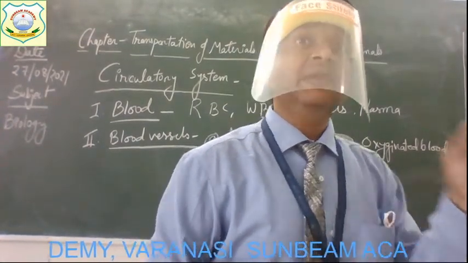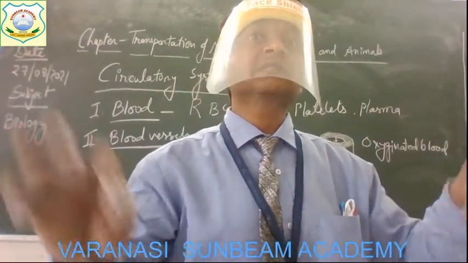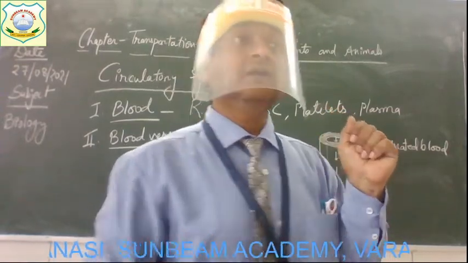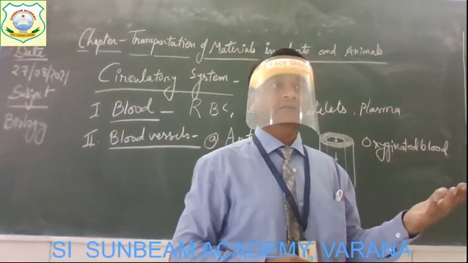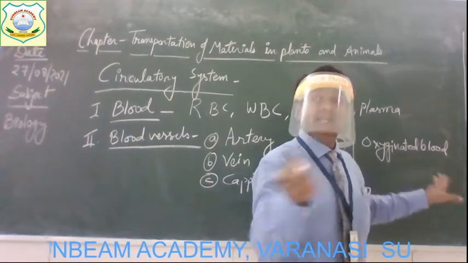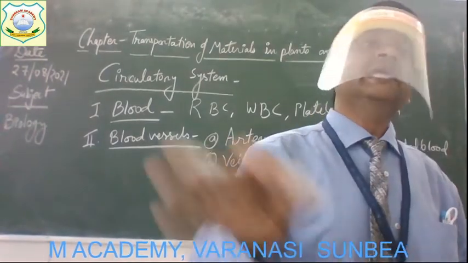Clear? So such blood which is not oxygenated, which is carbon dioxide-rich blood, is known as what? Deoxygenated blood. Oxygenated blood means oxygen-rich blood, and deoxygenated blood means what? Carbon dioxide-rich blood.